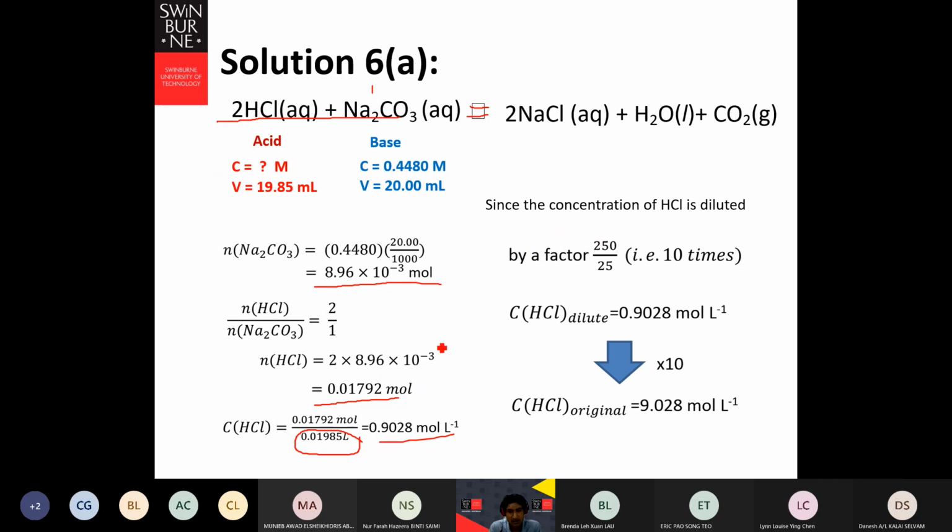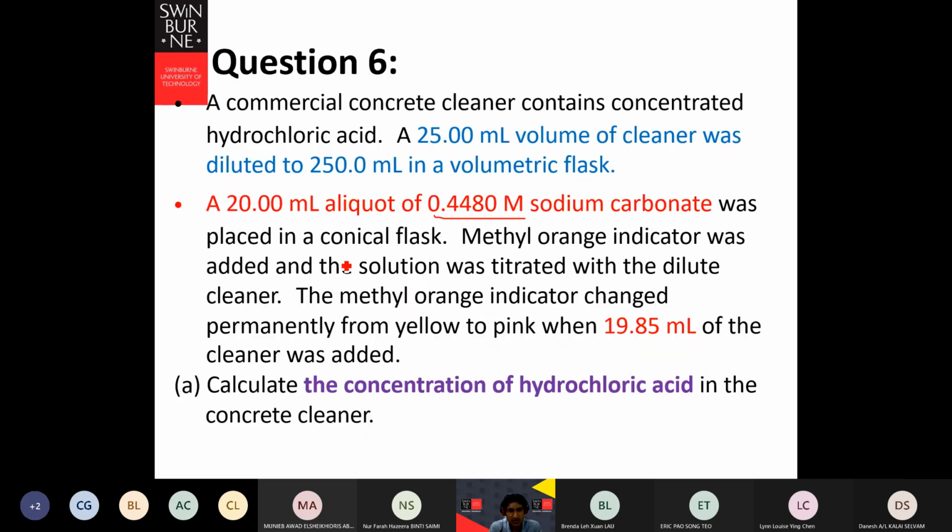Another thing to remember is that 25 milliliters of the hydrochloric acid, or the brick cleaner, was diluted to 250 milliliters. Why do you have to dilute it?